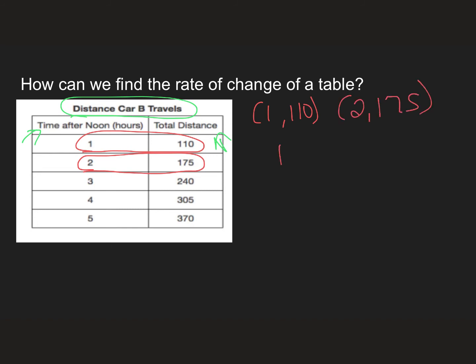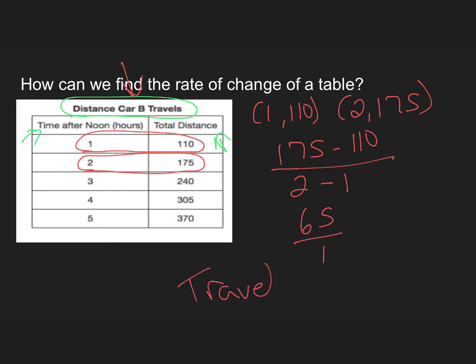So y2, 175, minus y1, 110, over 2 minus 1. 175 minus 110 is 65 over 1. So this car, because we're looking at a car and how fast it's traveling, travels 65 miles each hour. Travels 65 miles per hour.